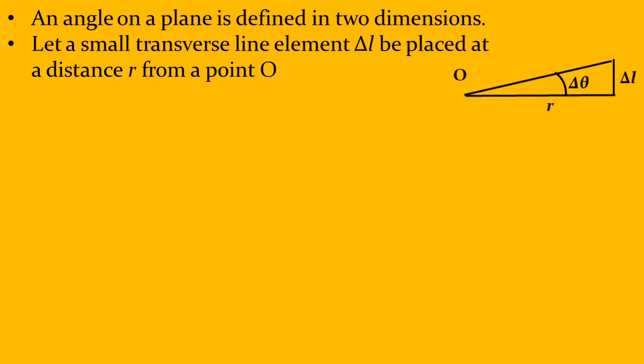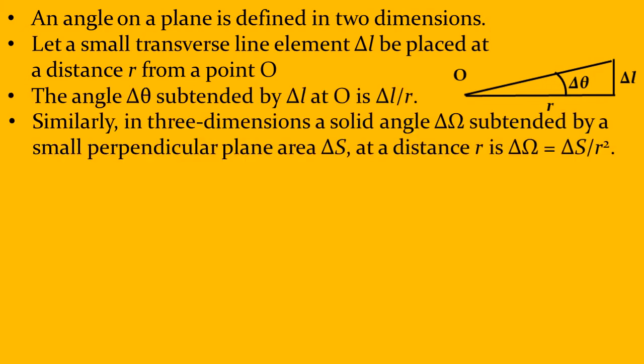If I have a small line element delta L, and let us say it is placed at a distance r from some origin O, then there is a small angle delta theta that this delta L subtends, and this angle delta theta is given by delta L divided by r.